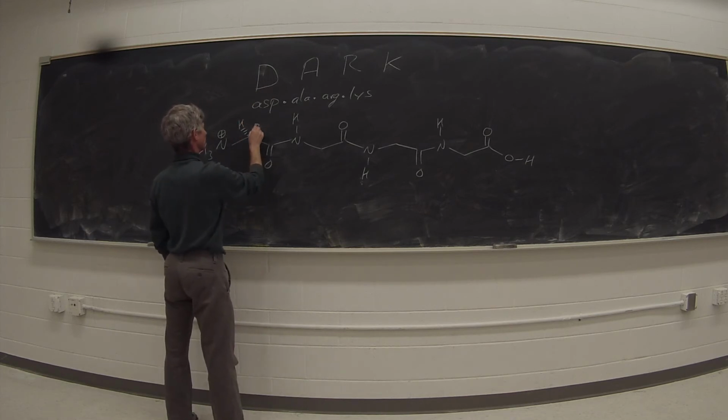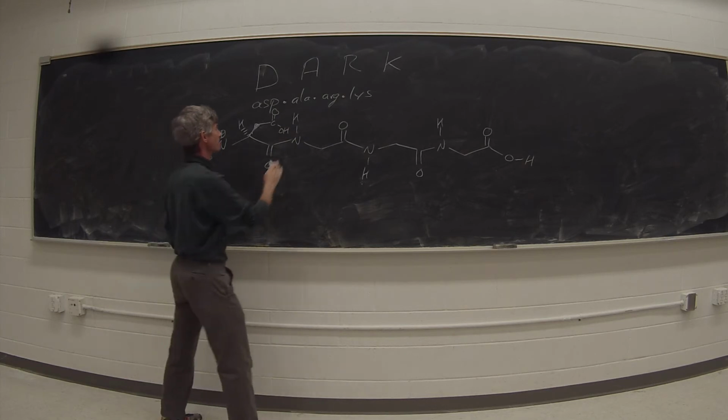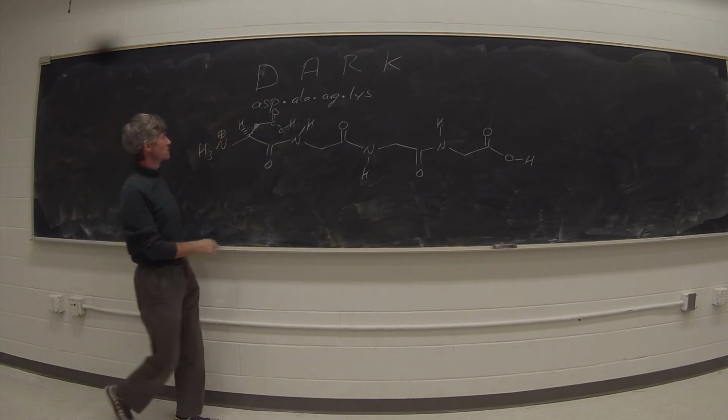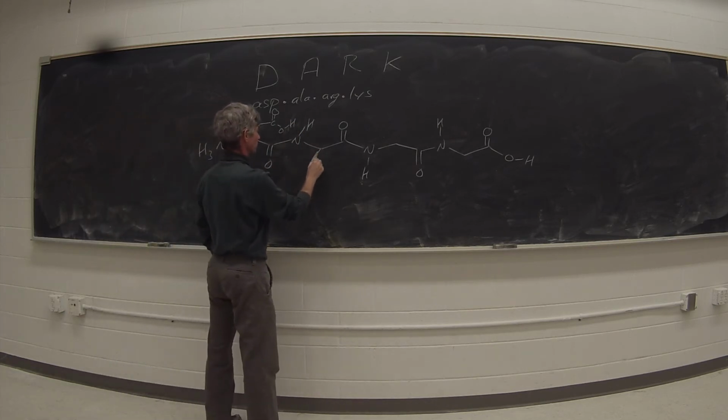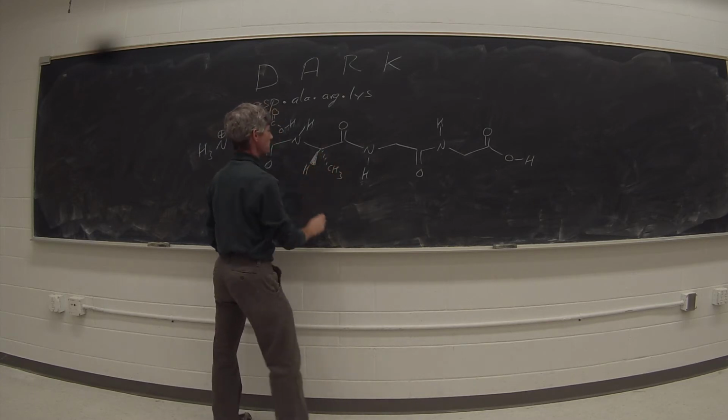is going to have that CH2, COOH, and we'll leave it protonated for now. Move that a little bit so I can show the bond to hydrogen. This hydrogen is coming out, which means the CH3 group is going back.